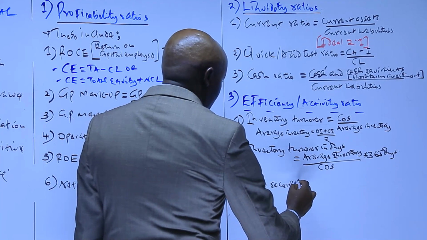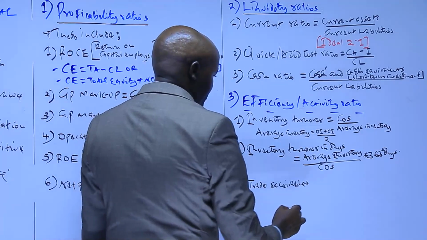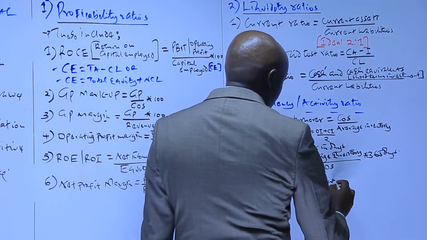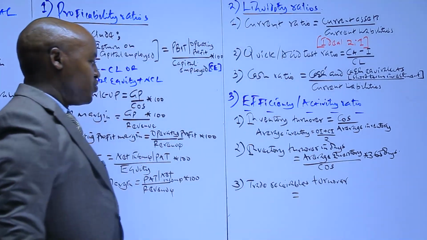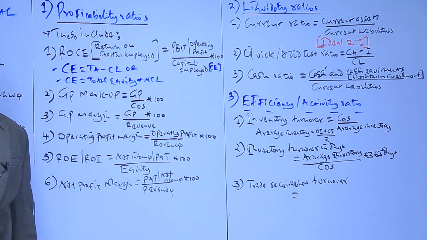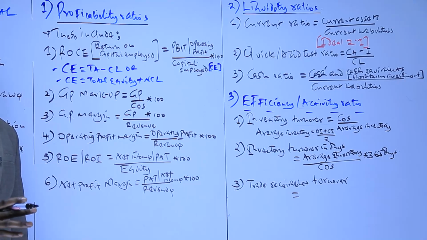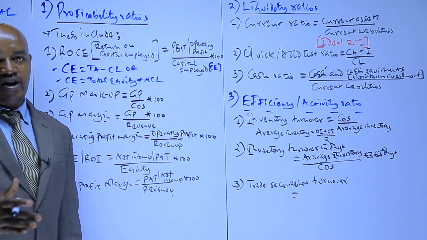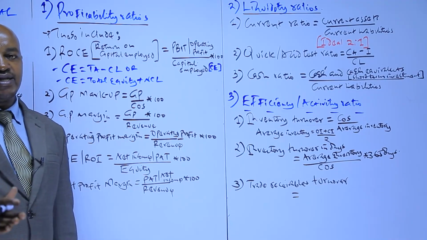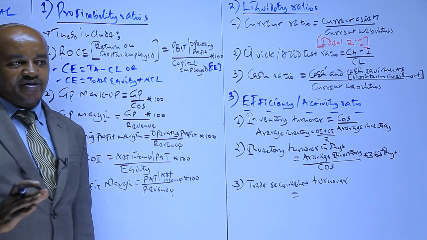The other efficiency or activity ratio, number 3, is the trade receivables turnover. This is a ratio computed to determine the frequency of debtors paying their debts, or on average the number of times the debtors paid their debt. The higher the number of times, the better.